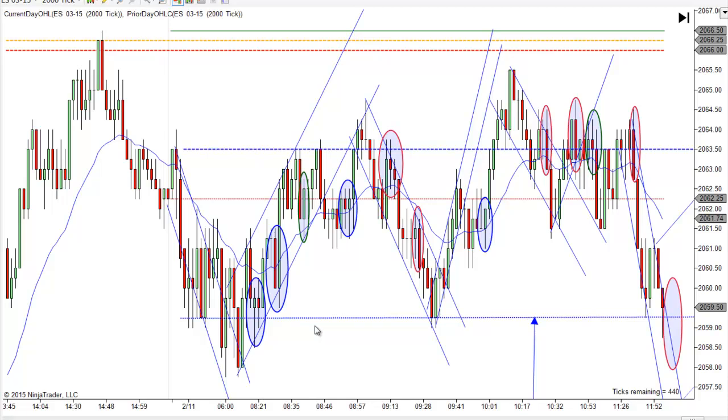So, interesting start to the day. I had a feeling it might be a little bit slow. I really didn't see a good setup until a little later in the day, morning. As you can see, you might have considered going long right here. It's close enough.